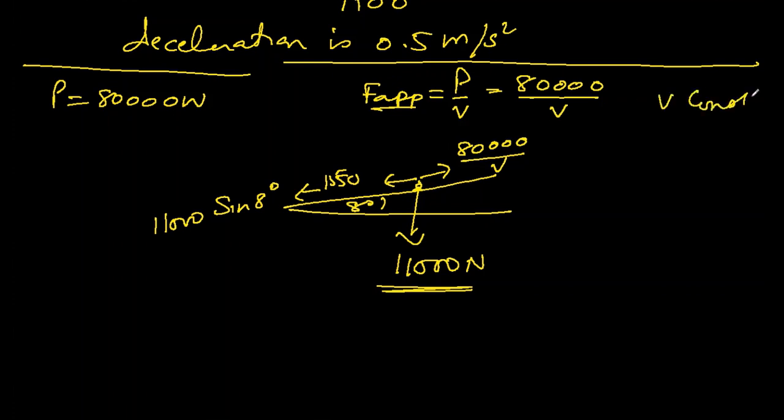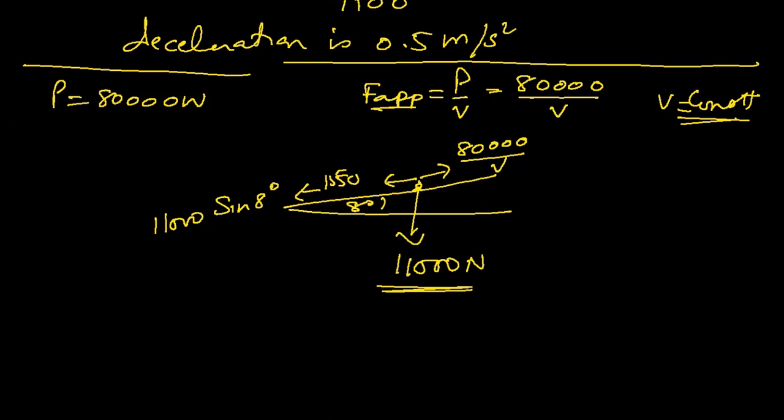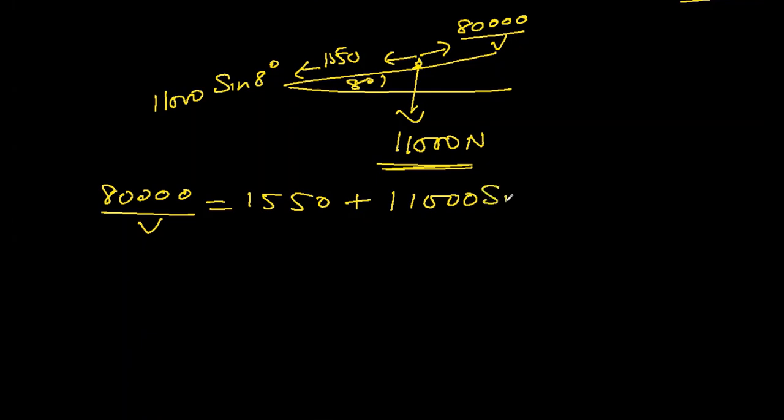Since the speed is constant, we'll use the same trick again. The forward force is equal to the resistive force. Applied force is equal to the resistive force in case of constant velocity because acceleration is 0. So let's equate this. 80,000 over V equal to 1550 plus 11,000 sine 8 degrees.